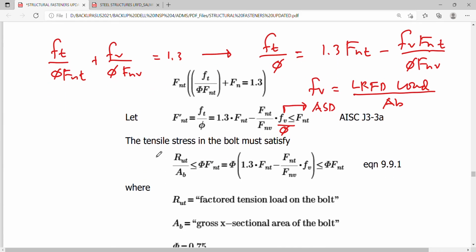So the tensile stress in the bolt must satisfy this value, wherein this value is approximated in terms of another variable, f prime nt. We take note that phi f prime nt is simply equal to Ru all over Ab. So these are stresses.